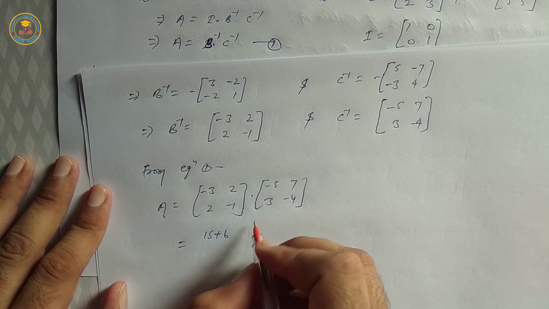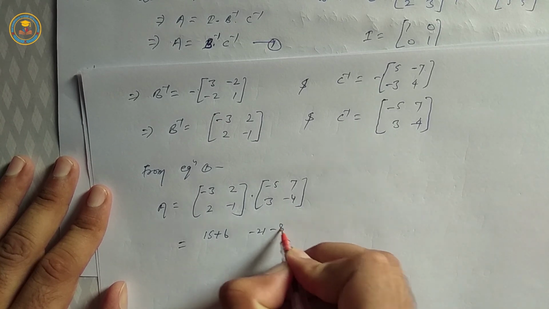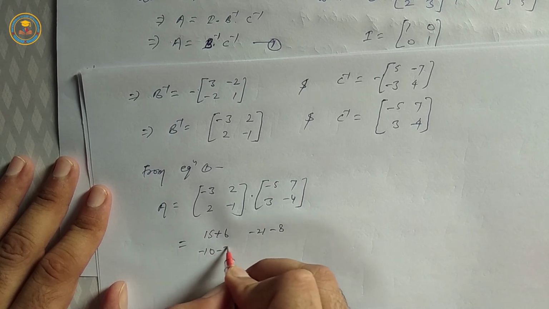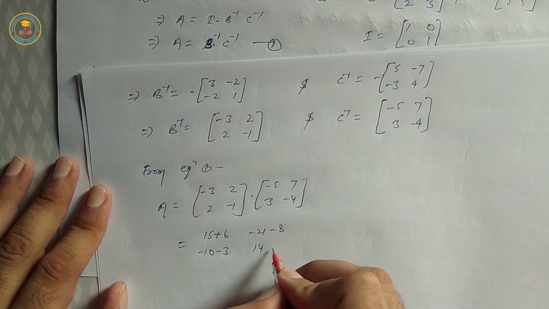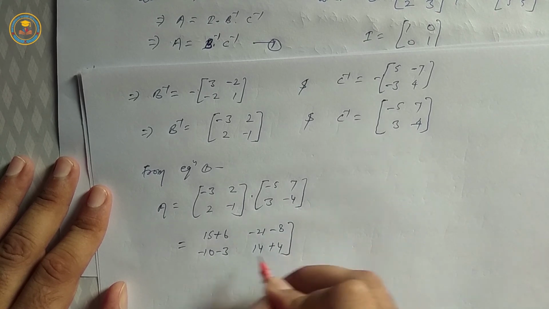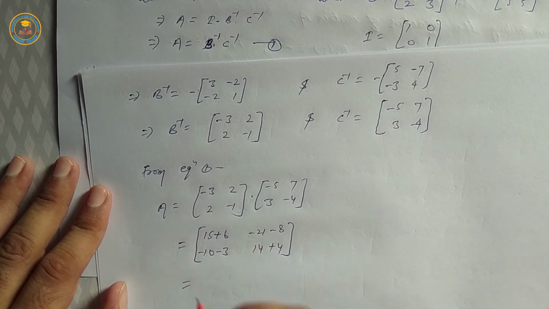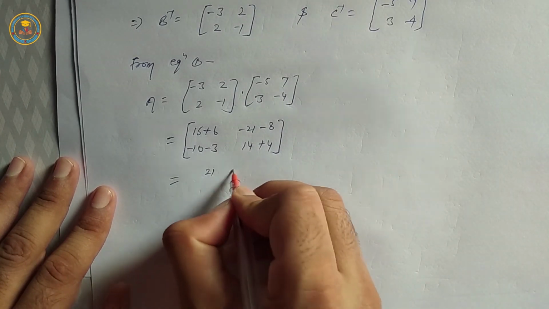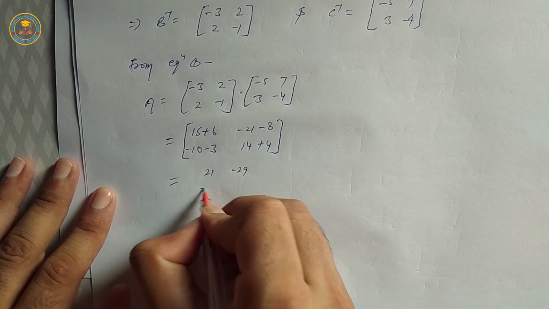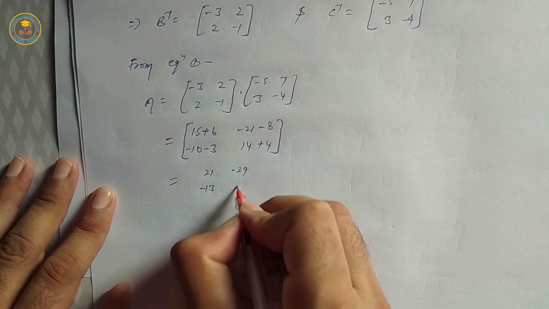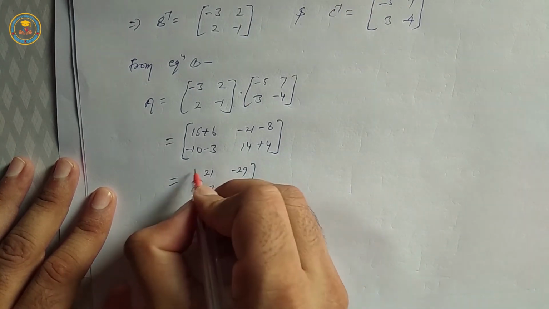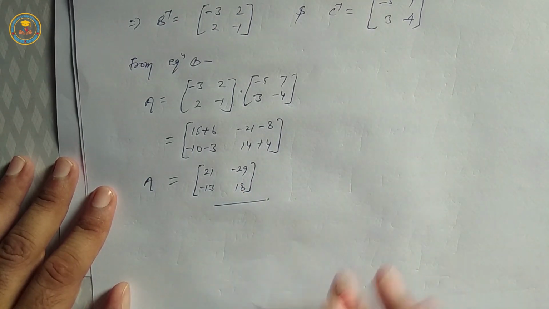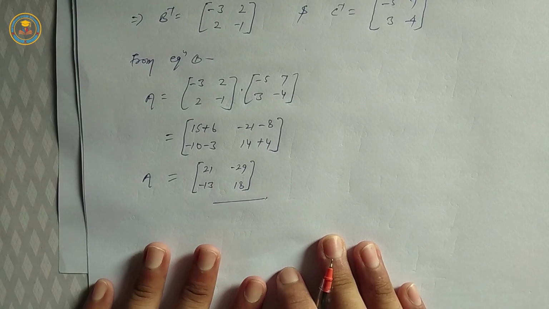First row, second column: -21 minus 8. Second row, first column: -10 minus 3. Plus 14 plus 4. It is equal to 21, -29, -13, 18. Matrix A is equal to this. Okay, that is the answer.